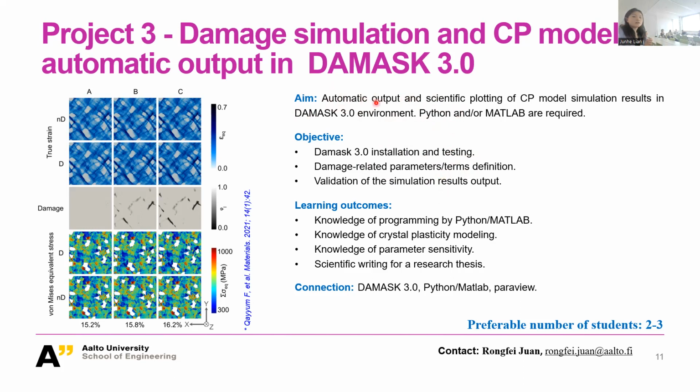The aim is focused on the output and the scientific plotting of the CP models, and project 2 is only focused on the parameter calibration, and this is more focused on the scientific plotting, different with different simulations and different results.